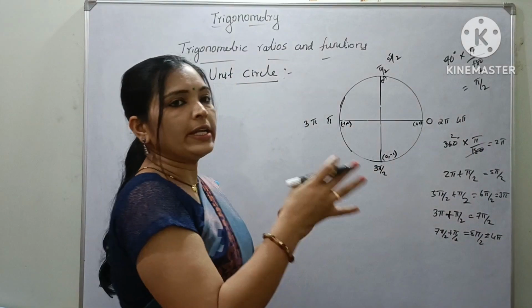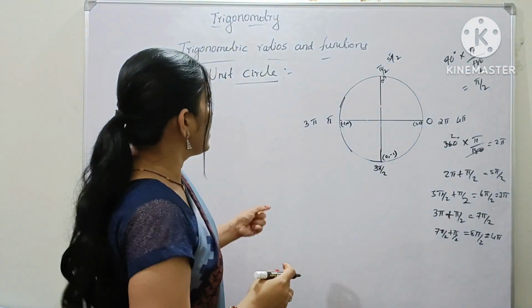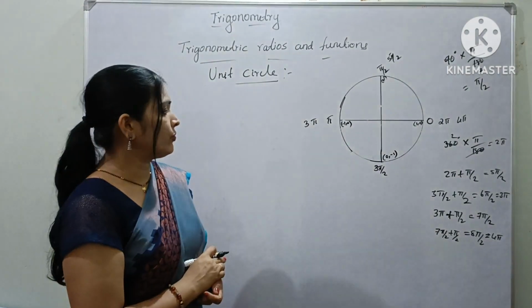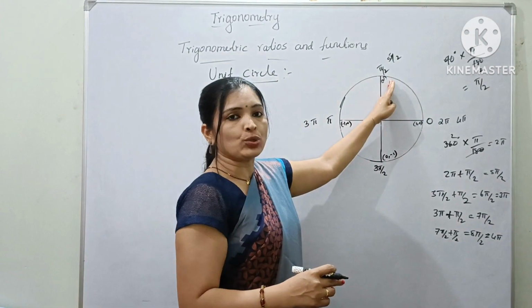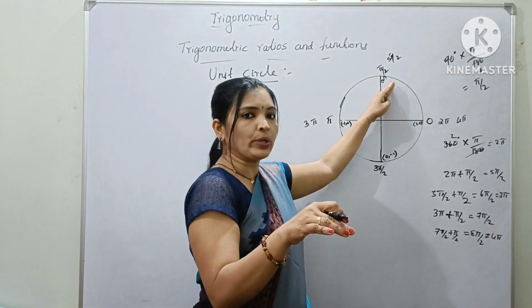See, in this way it is repeating. First 0, then 0 to pi by 2, since 90 degree means pi by 2 radian.